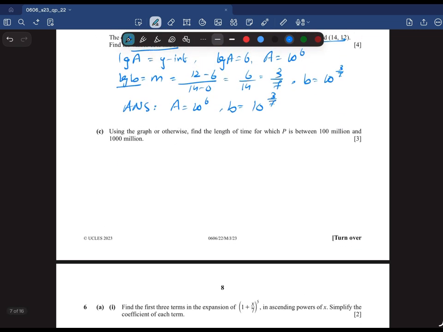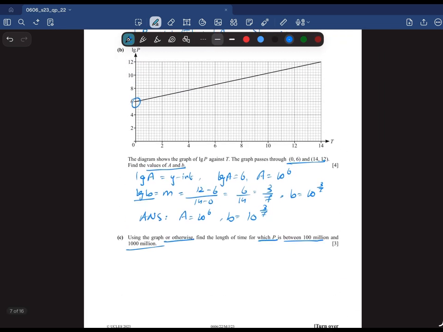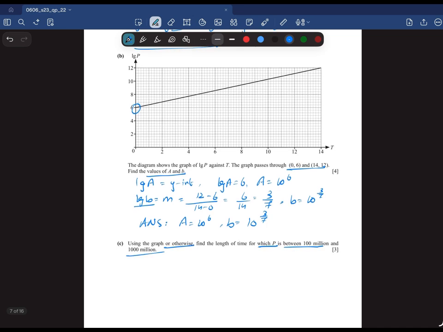Okay, using the graph or otherwise, find the length of time for which p is between 100 million and 1000 million. Okay, that's interesting. Hold on, log of 100 million is 10 to the power 6.